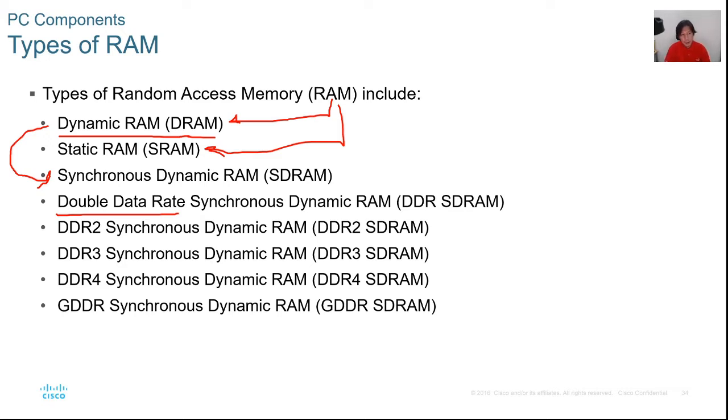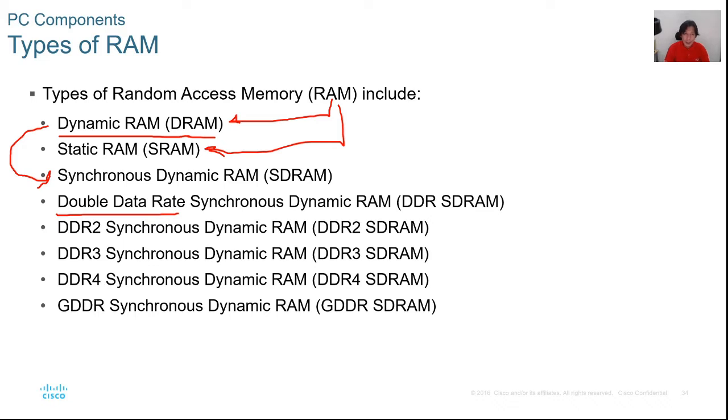DDR3 is again multiplying the double data rate, maybe 3 times. That's why they call it DDR3. It expands the bandwidth by doubling the clock rate of DDR2. So they double it again, and power consumption is still 1.5.